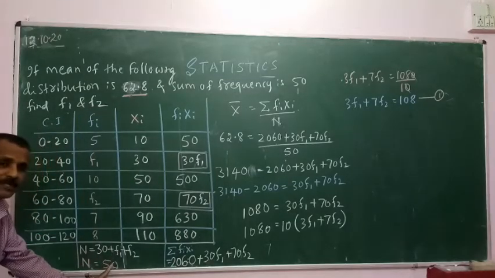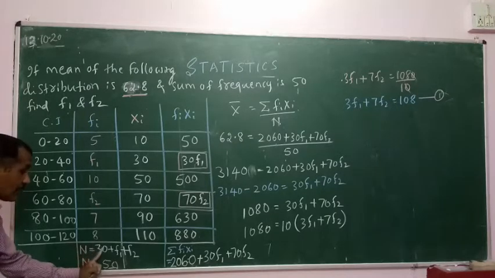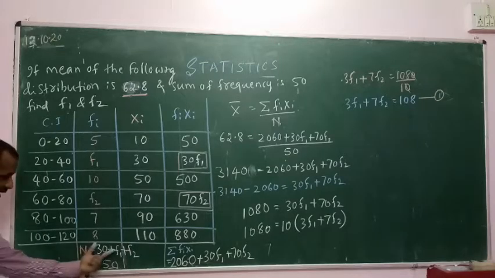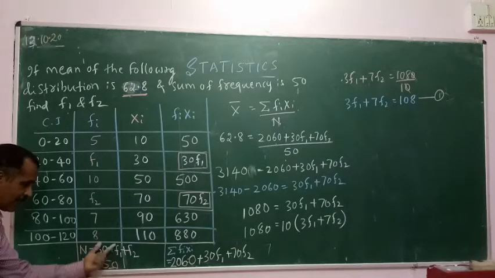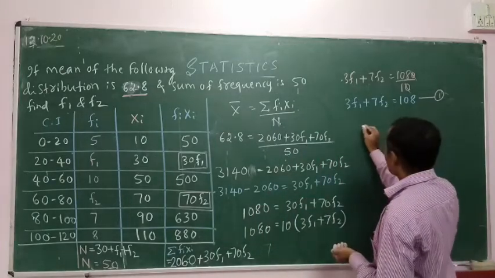What is 50? The value of n. What is 30 plus F1 plus F2? This is also the value of n. Can I compare these two and make an equation?